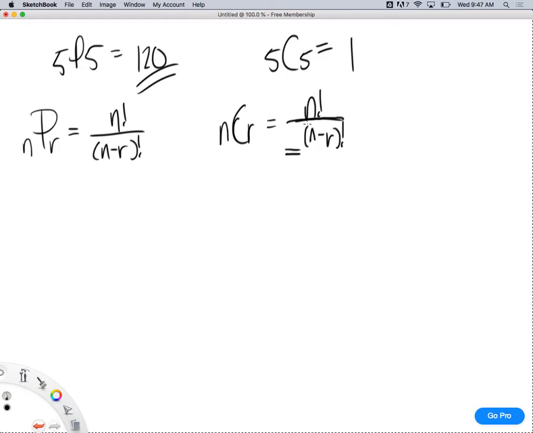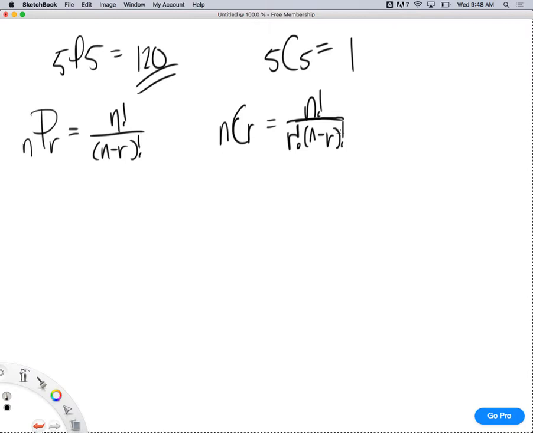It's not 1 over 5 or the square root of 5. It's 5 factorial. What's 5 factorial? 5 times 4 times 3 times 2 times 1 is 120. So in every case, more generally, it's r factorial. To get combinations, it's the same equation as permutations, except you're dividing by r factorial.